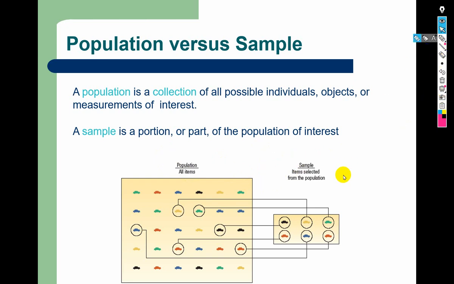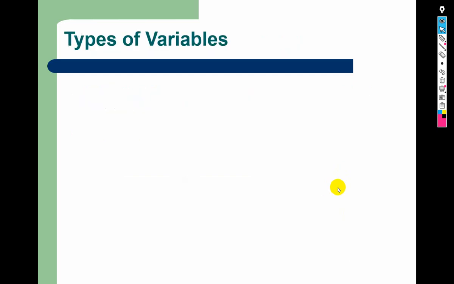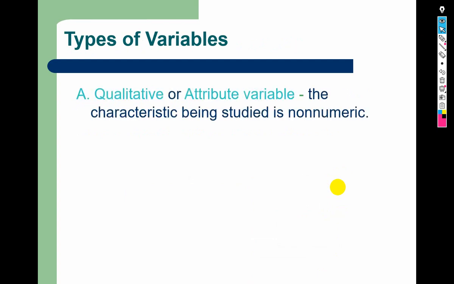Once you have a difference between population, sample, parameter, statistic, descriptive statistics, and inferential statistics, return back to the main definition in statistics. What is the meaning of variable? So if you are studying any characteristic in your population, we name that variable. So any characteristic under study that has different values, we name that variable.